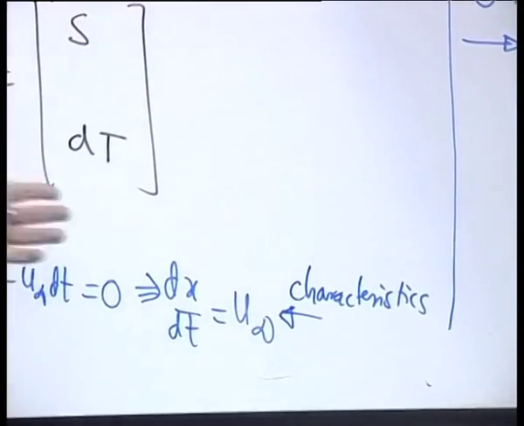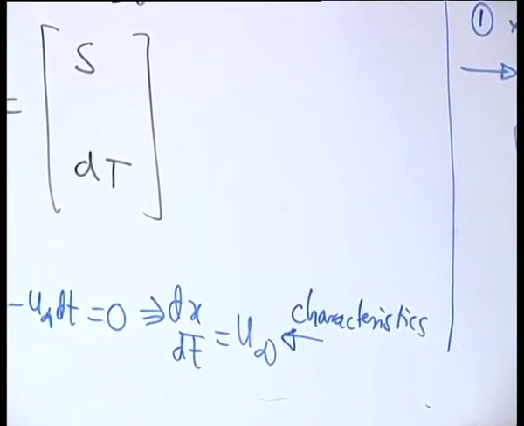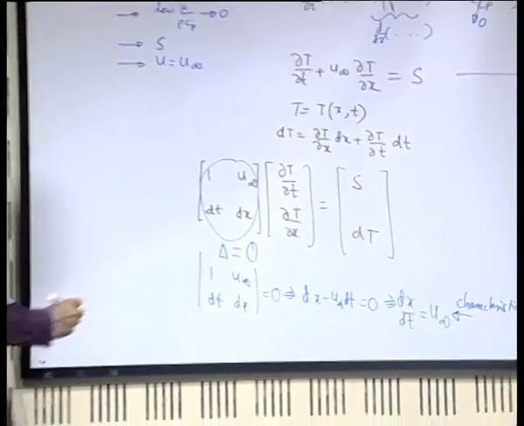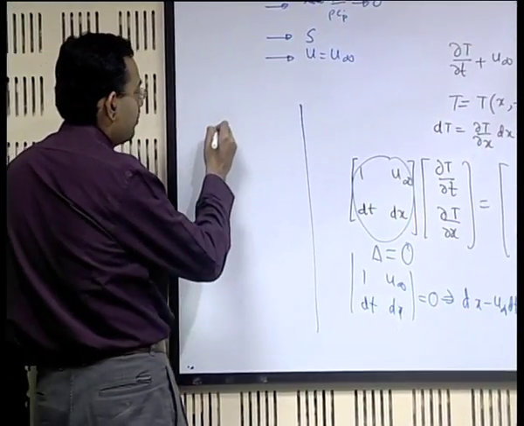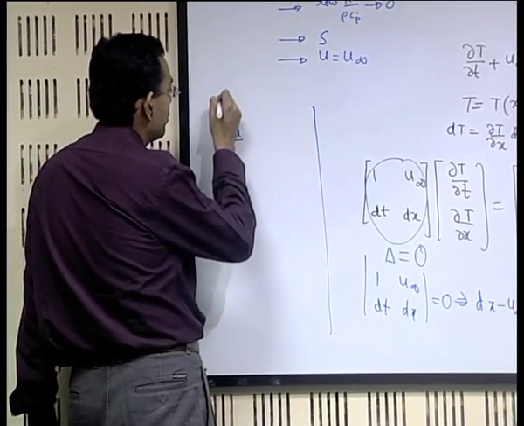So it gives a fair idea to you how to find out the characteristics of different partial differential equations. So I will give you a homework exercise. Let us say that you have a system of partial differential equations, homework.